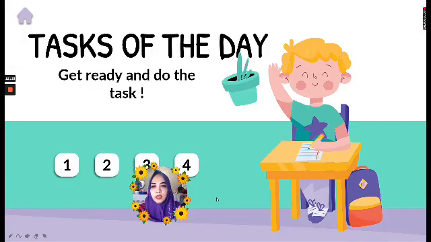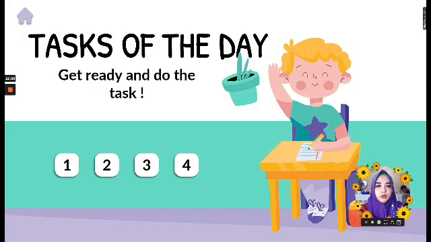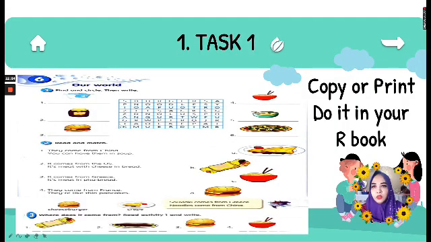Okay, so I'm going to explain the task today. I've already mentioned it to you, so I'm going to explain more. Okay, this is the task. You can copy it down or print it out if you have a printer. Do it in your R book. Okay, I'm going to explain how to do it.